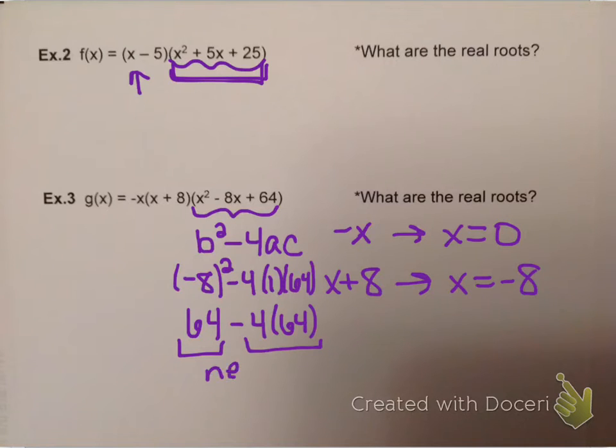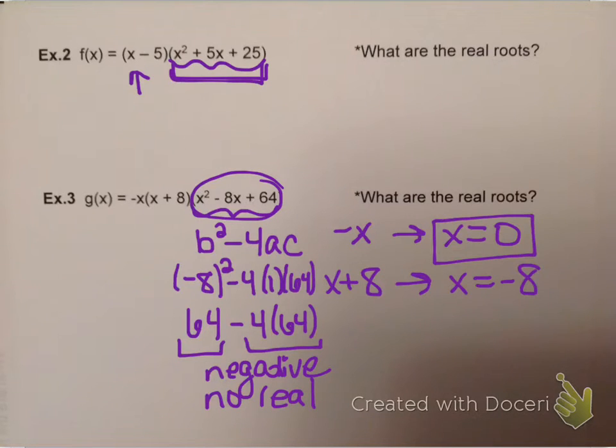And so we know mentally that we would have a negative inside of our square root, or a negative for our discriminant. And what that means is that there's no real answers to this quadratic right there. And so what that means is that over here, x equals 0 and x equals negative 8 are the only 2 real roots for our polynomial.